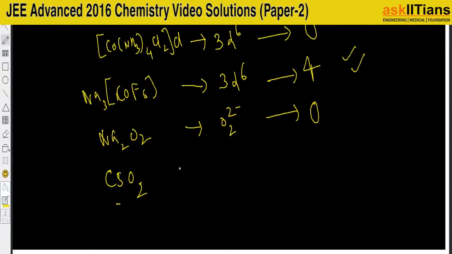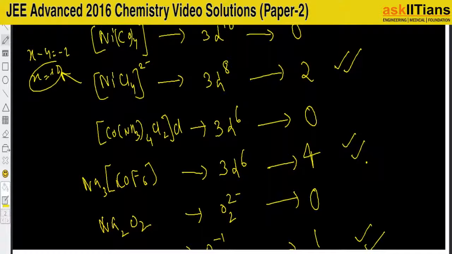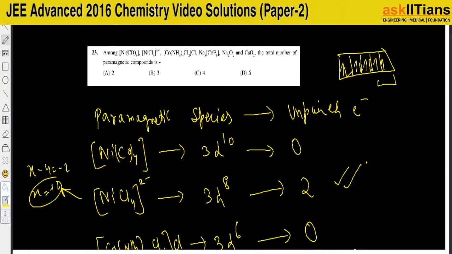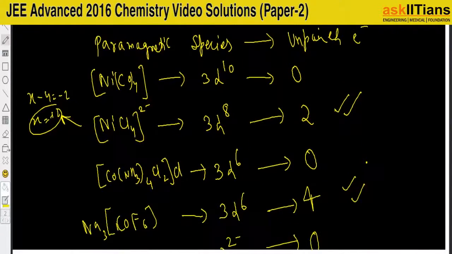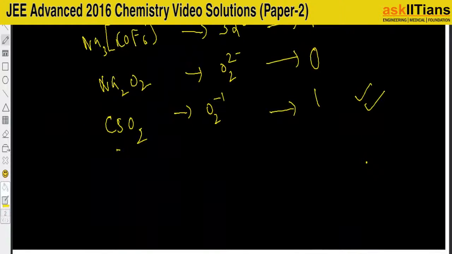So here my oxygen is O2 with a minus 1 charge, and so here you'll have one unpaired electron. You can also tally with the MOT theory. So this will be my third paramagnetic species. So you can see that 3 are coming as paramagnetic compounds. So my B option should be correct here. Okay, my B option will be correct here.